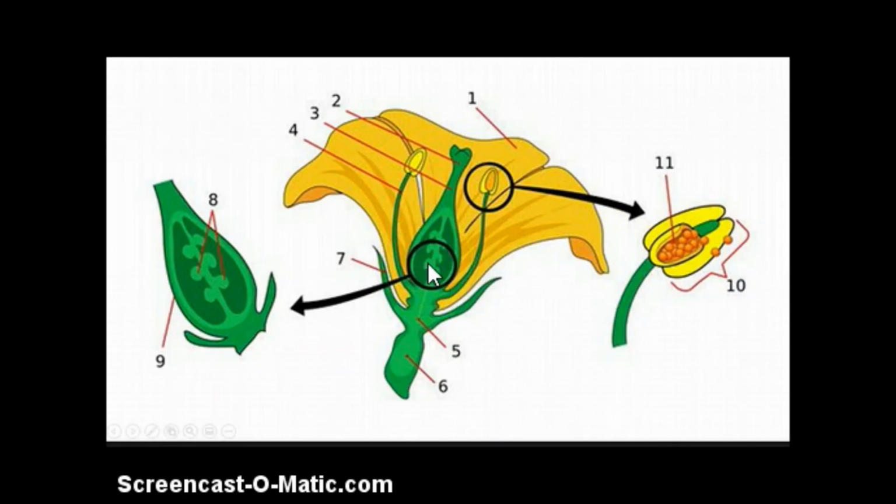They combine with these ovules to form the seed. They form the zygote, which develops into a seed. So after fertilization, that is the mixing of egg cell and the pollen grain, they form the seed. These ovules form the seed.